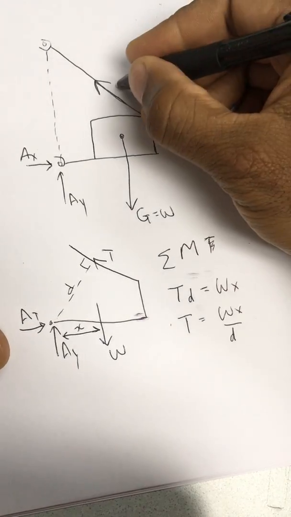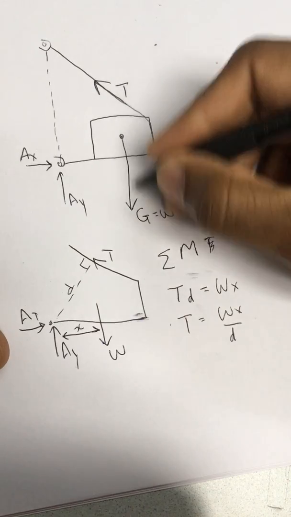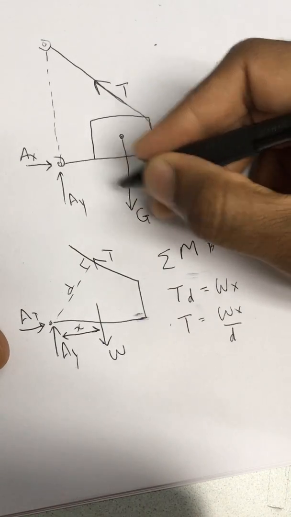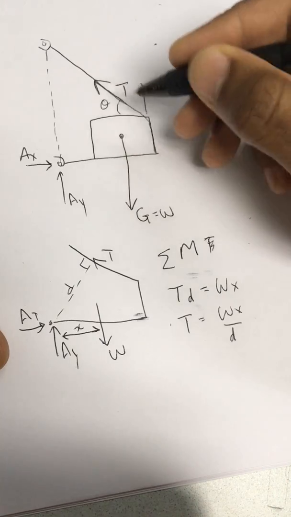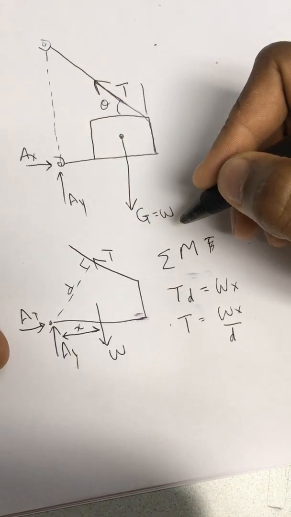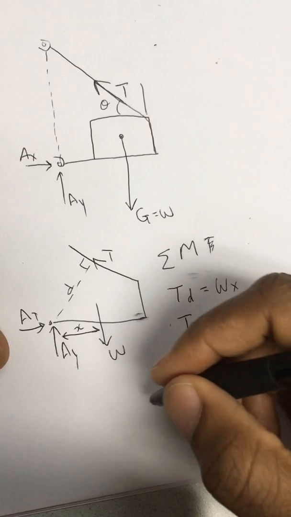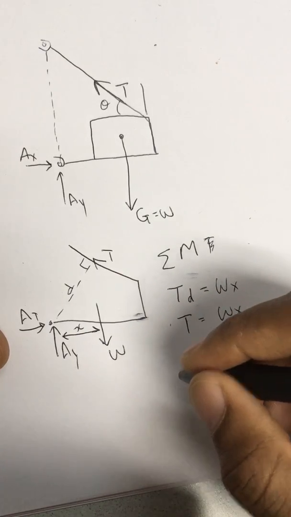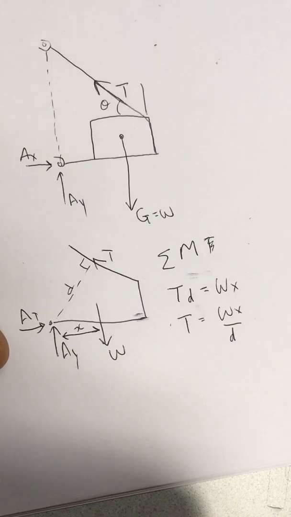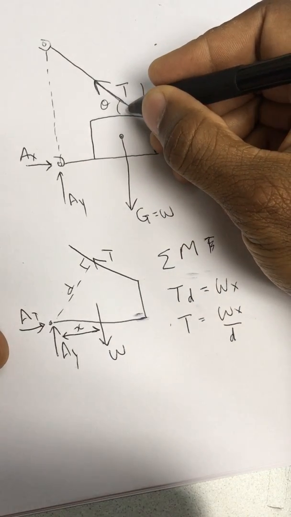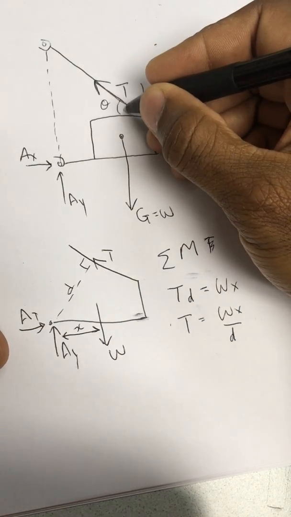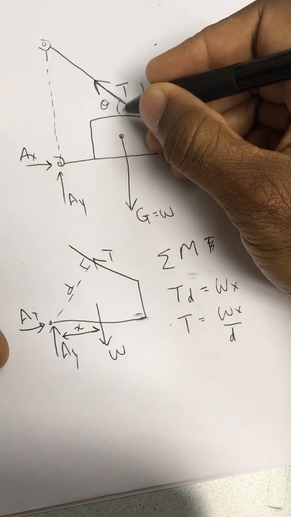Once you have the tension and you have the weight, you can then use these to calculate your forces. You have a theta right here, so you can use these to calculate what your forces are in terms of T and G, right? And what would we have here? T sine or cosine? Which one would it be?